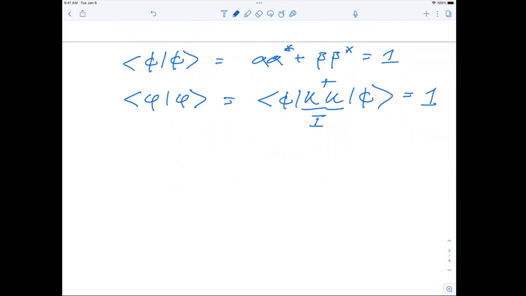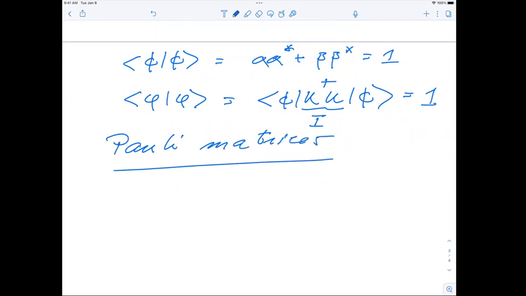So the Pauli matrices are examples of such matrices. Let's look at the Pauli matrices here and remind ourselves about their mathematical properties. The Pauli matrix sigma x, which you will often see written as just X, is a matrix which we are going to define as 0, 1, 1, 0. So this is an entirely non-diagonal matrix.